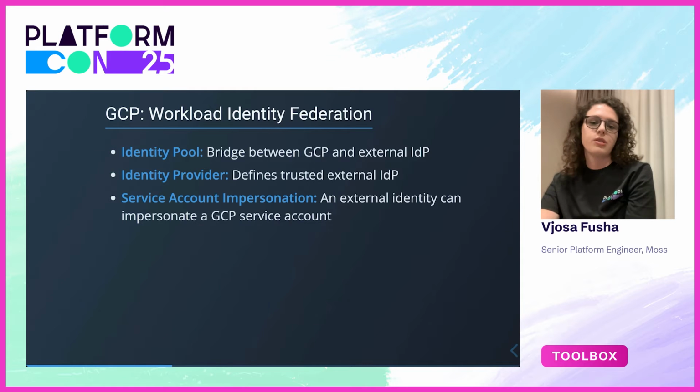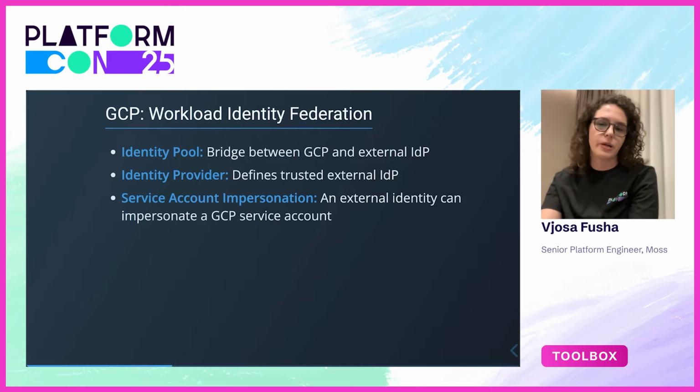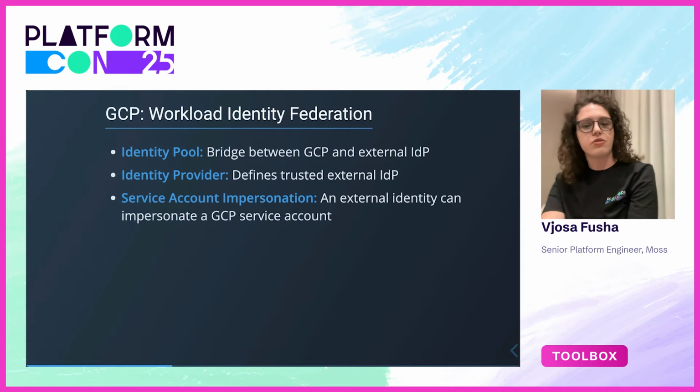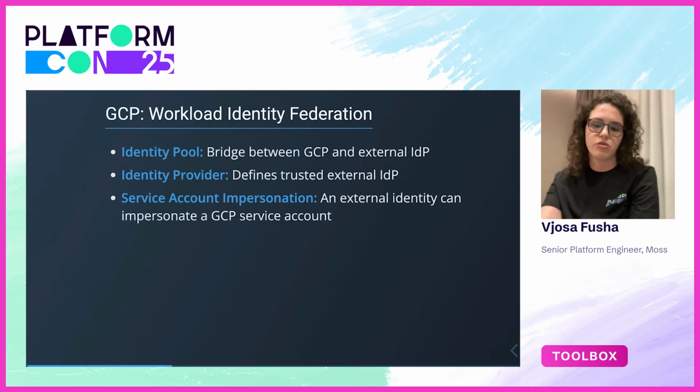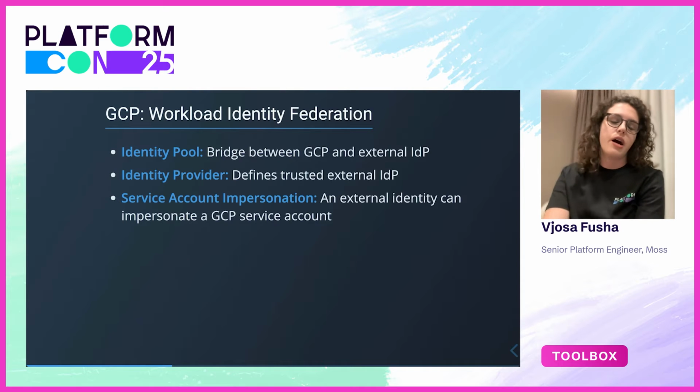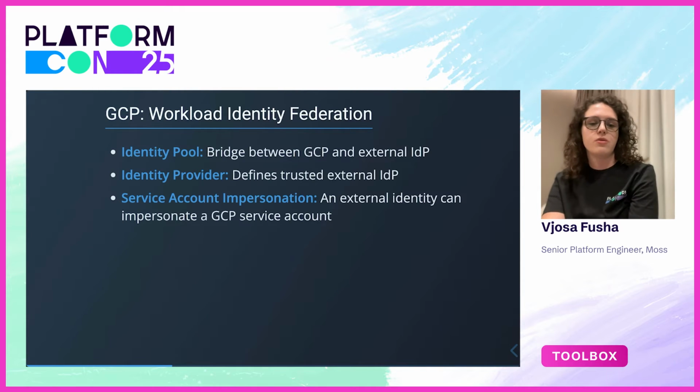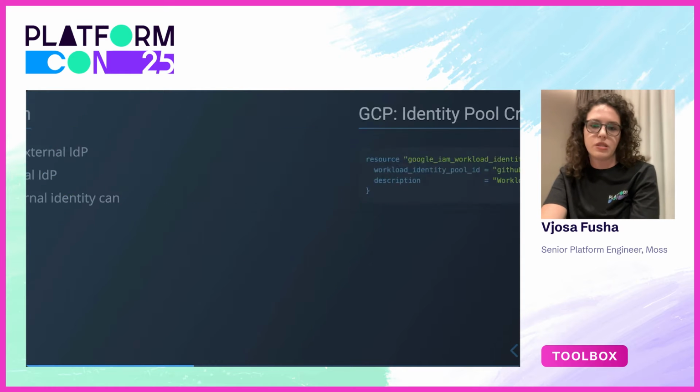A pool is just a bridge between GCP and this external IDP, in our case, GitHub. Then the provider defines the trusted external IDP. We define the rules and how we're going to actually trust this authentication. Then we use service account impersonation to let an external identity impersonate a GCP service account. And we're going to talk about this in more details in just a bit.